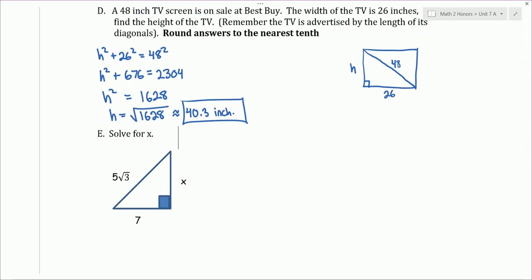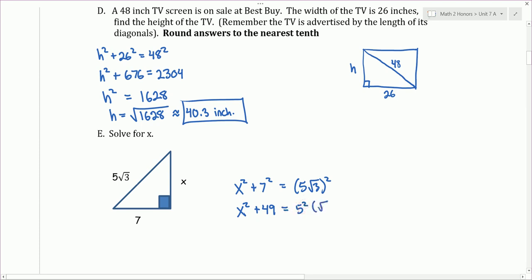Part E, we're solving for x. Using Pythagorean theorem, x squared plus 7 squared is equal to 5 square root of 3 squared. So that's x squared plus 49 is equal to 5 squared times square root of 3 squared. 5 squared is 25. Square root of 3 squared is 3.